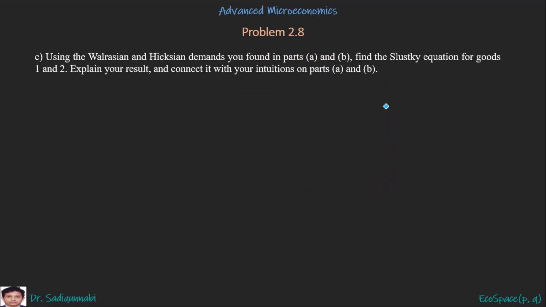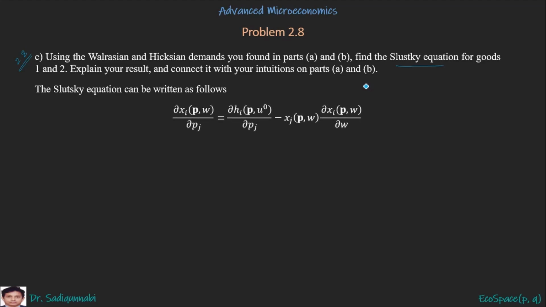Now question 2.8c. Using these two demands from parts A and B, find the Slutsky equation for goods 1 and 2. So here is the Slutsky equation: substitution effect equals total effect minus income effect.